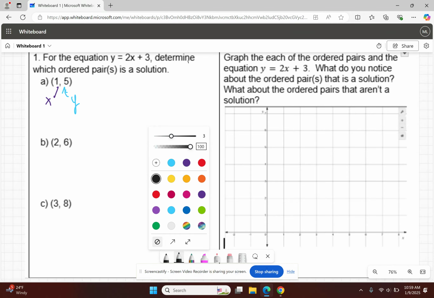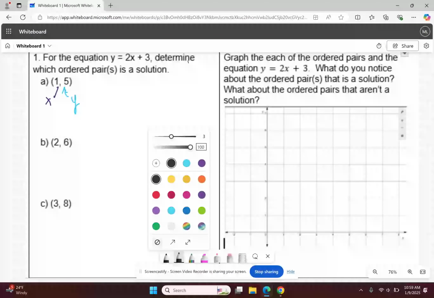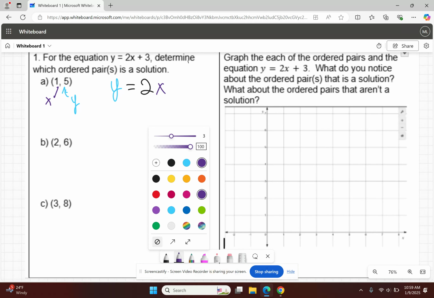The next thing we're going to do is write down the original equation, y equal to 2x plus 3, and I'm going to do it in the same colors. So we have blue for the y, then back to black, equal to 2x for the purple, plus 3.